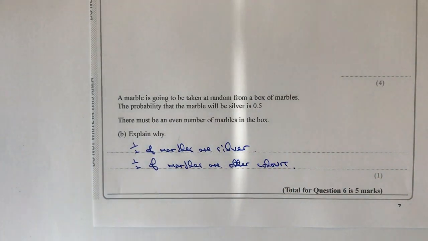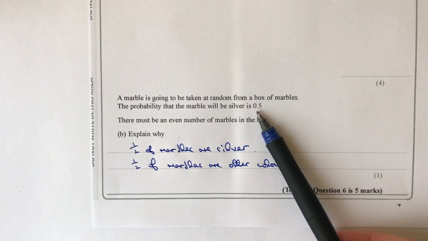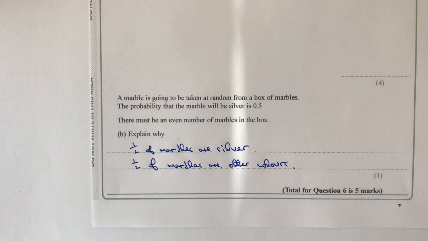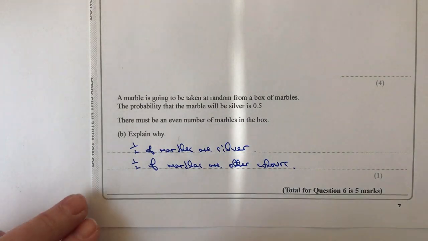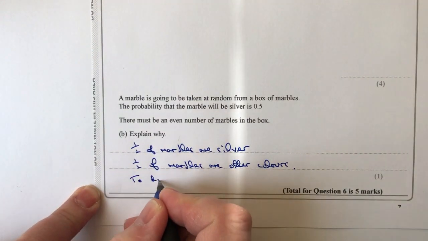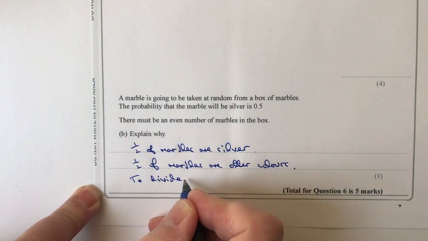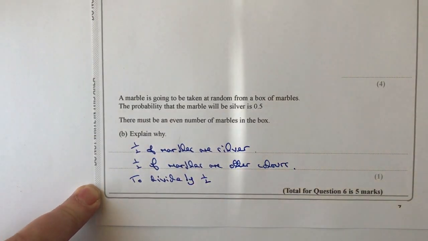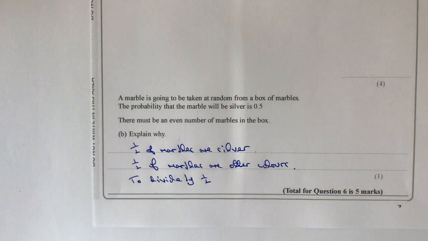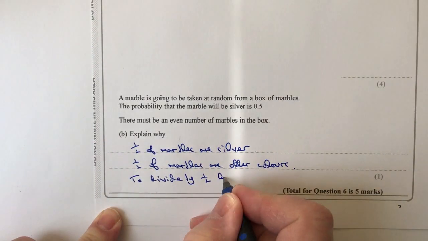So if half of the marbles are silver, there must be an even number of marbles within the box, because to divide by a half and actually have a whole number, there must be an even number of marbles.